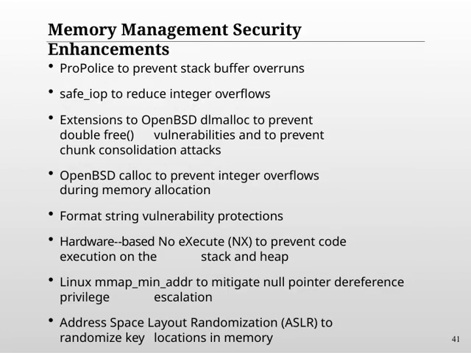Let's take a closer look at some of the key security enhancements in memory management that help protect systems from various vulnerabilities. First, we have ProPolice, which is designed to prevent stack buffer overruns. This is crucial because such overruns can allow attackers to execute malicious code by overwriting return addresses on the stack.